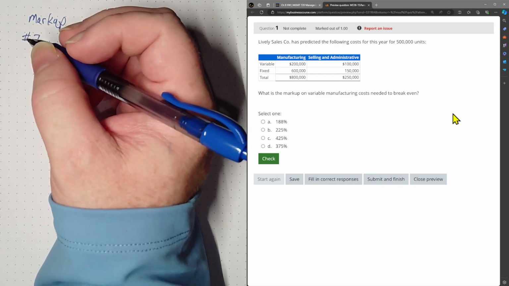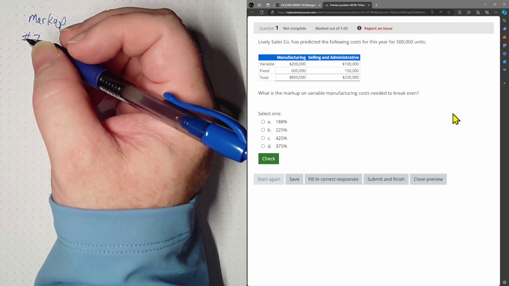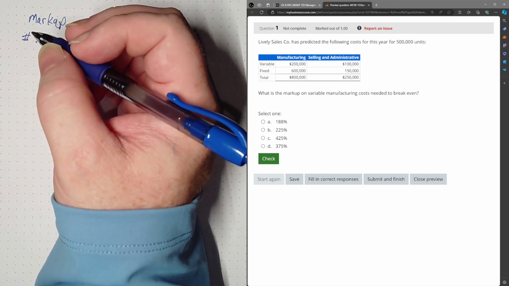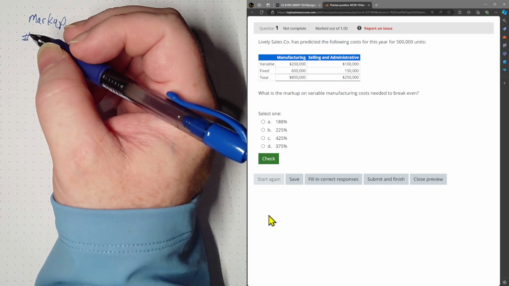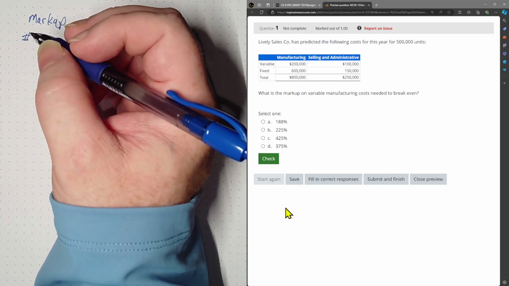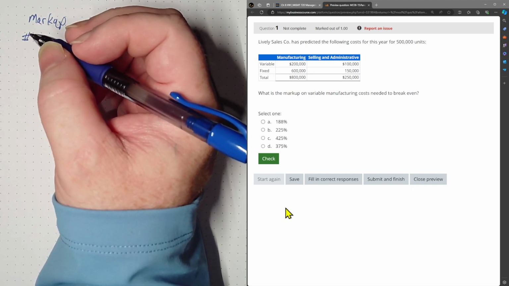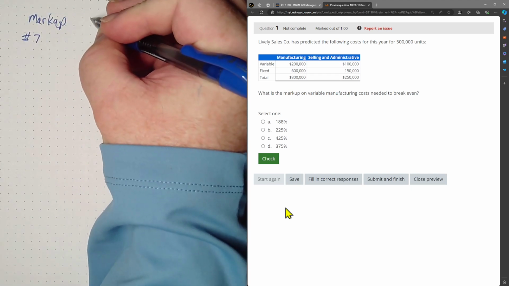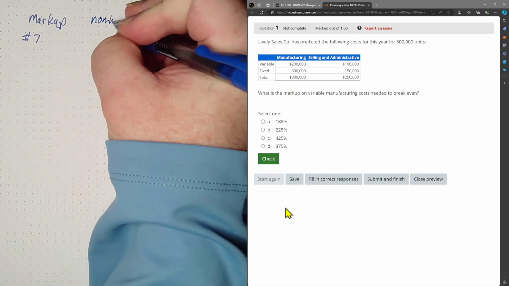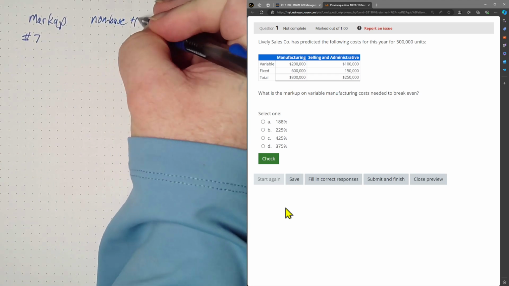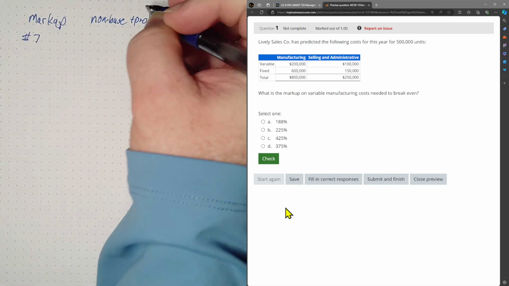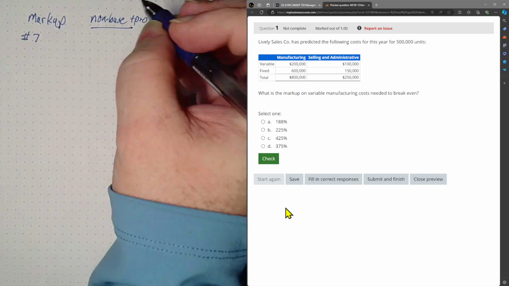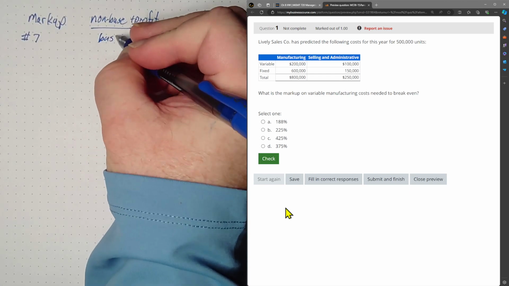Okay, so here. Remember, what we're trying to do is find the markup on variable manufacturing costs. So when we talk about markup, we talk about the fact that it is the non-base plus profit over the base, right?